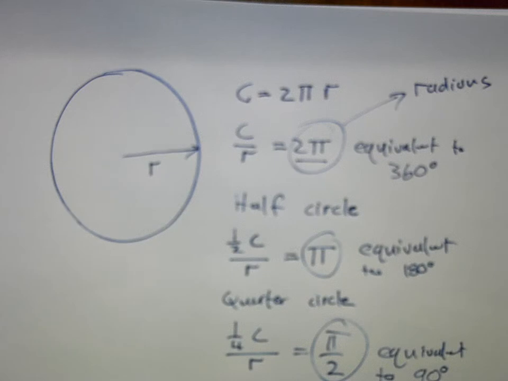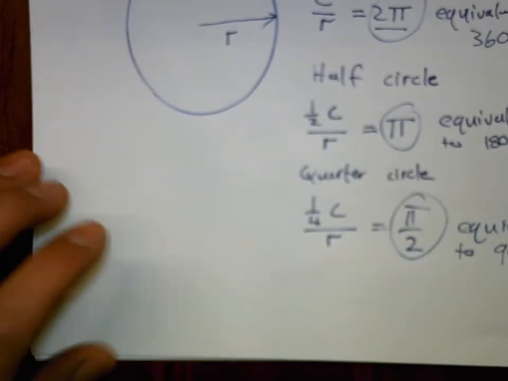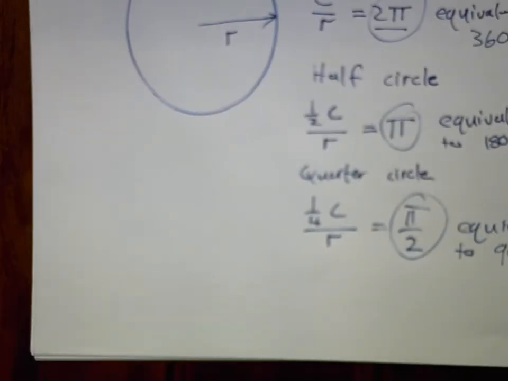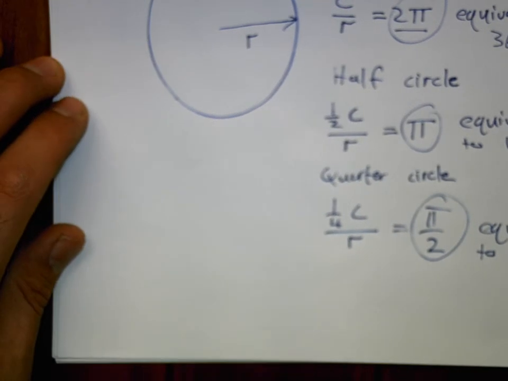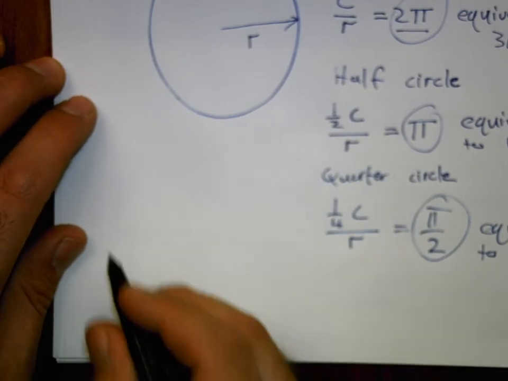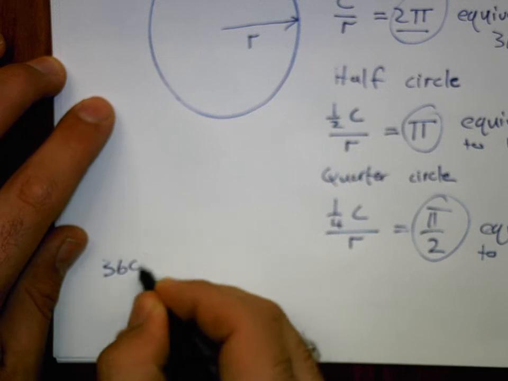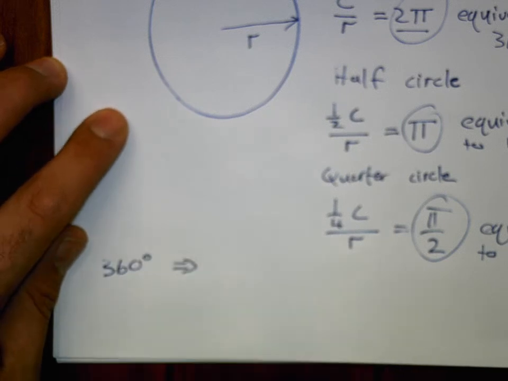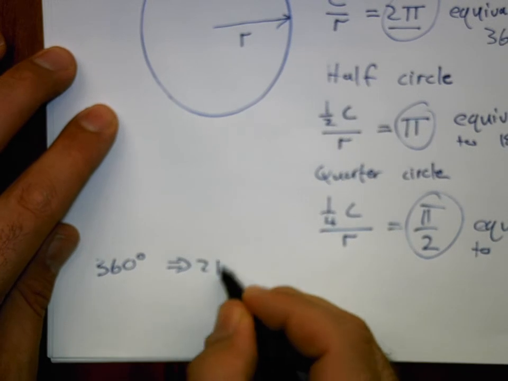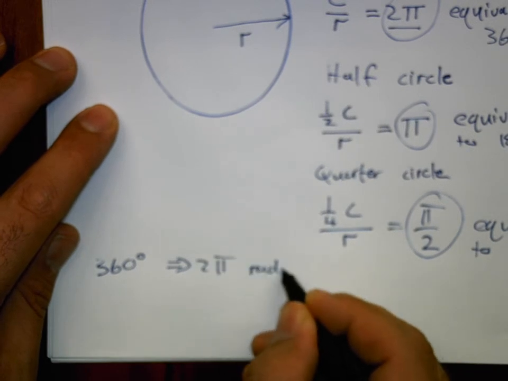So we are going to use a system called radians, and there's an easy way to convert between radians and degrees. We know that 360 degrees is equivalent to 2 pi radians.